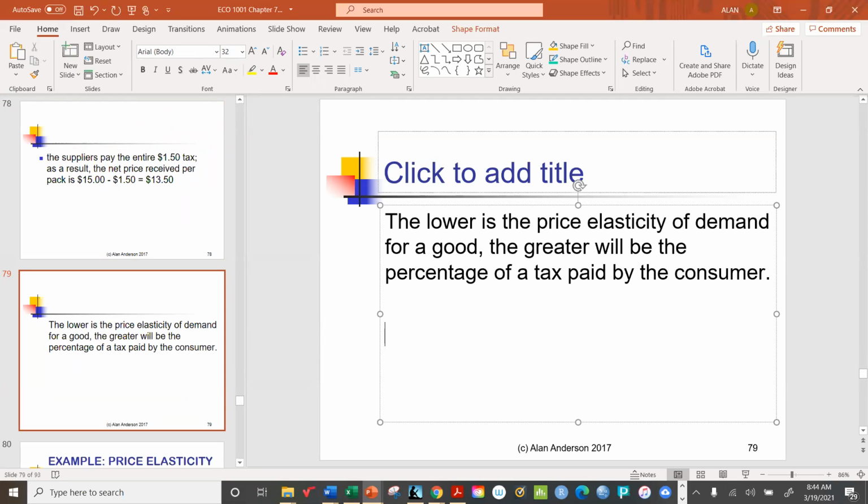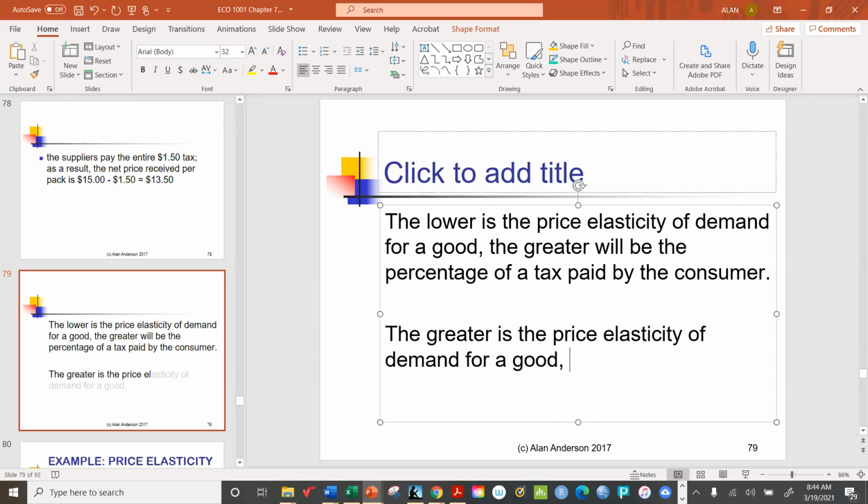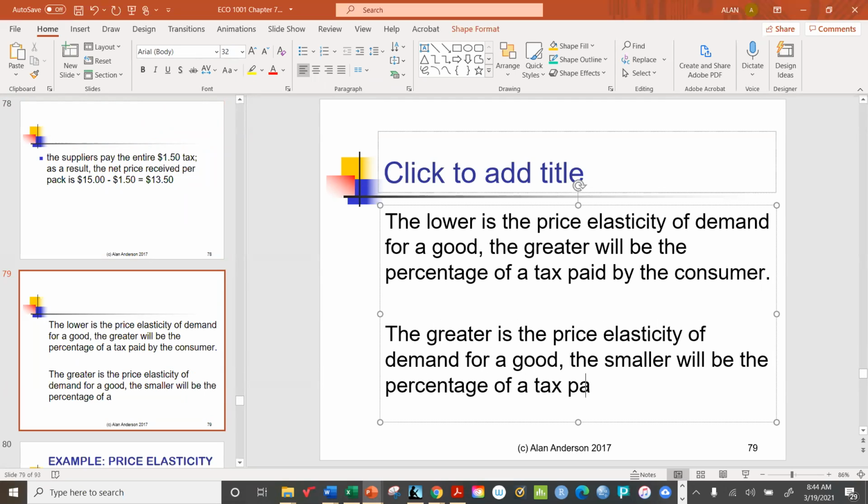And of course, that implies the opposite as well. The greater is the price elasticity of demand for a good, the smaller will be the percentage of a tax paid by the consumer.